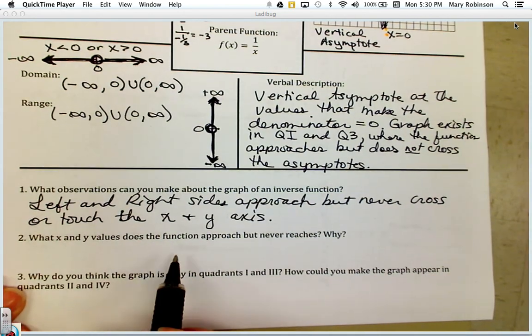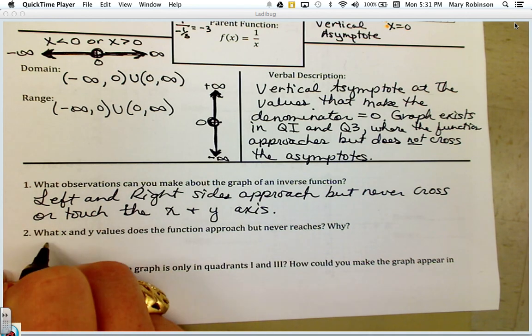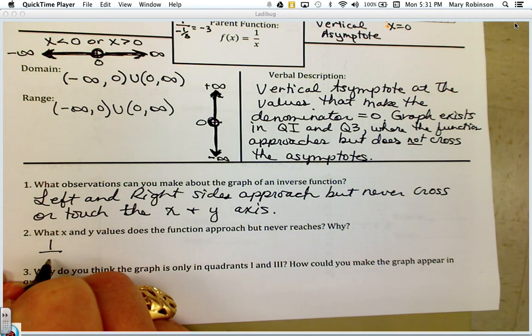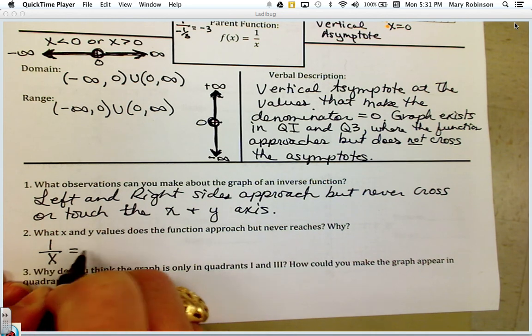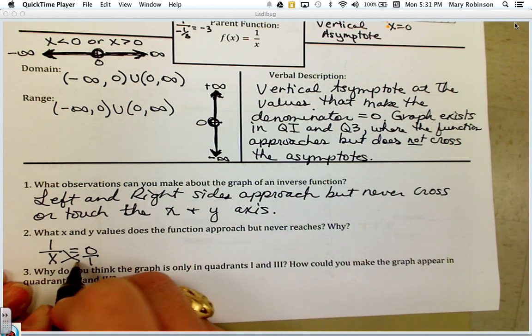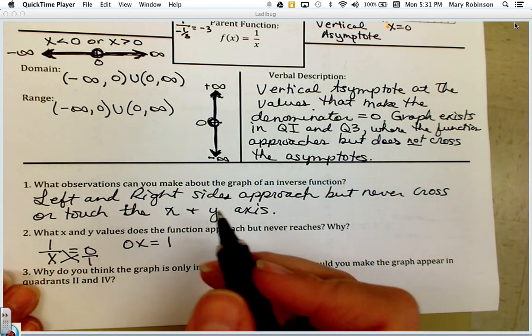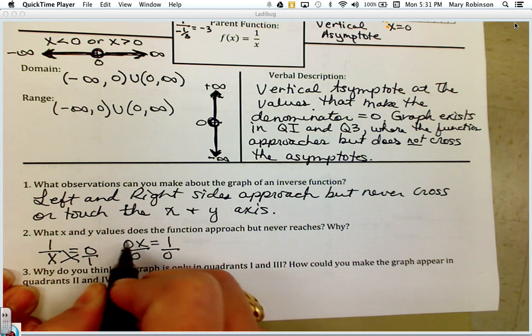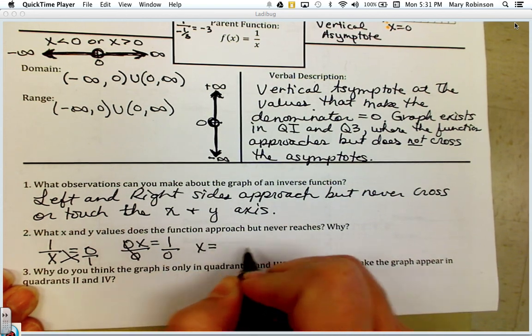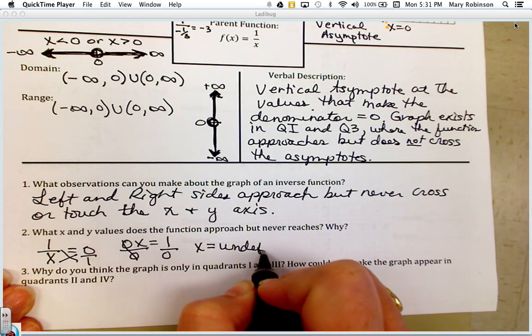Alright, what x and y values does the function approach but never reach, and why? So if you think about 1 over x equaling 0, if we're thinking about solving that, then we would get 0x equals 1. And if we were to divide both sides by 0, we would say, well, hey, 1 divided by 0 is not 0. It's actually undefined.